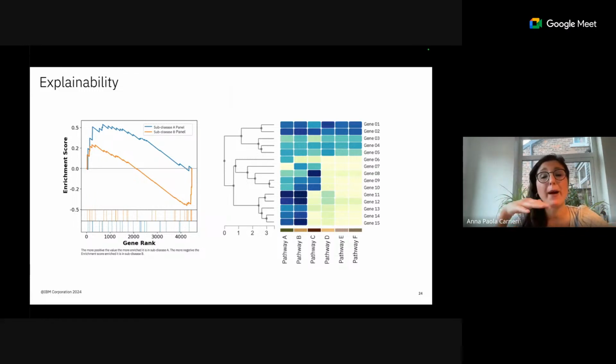We also look at pathways, so where these genes are more enriched in specific pathways. Here we took the top 15 genes of the rank and see where they are enriched in a specific pathway, because that can give more biological insights and explainability to your machine learning model results.